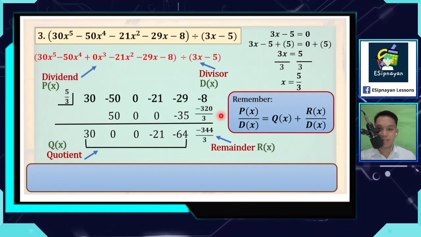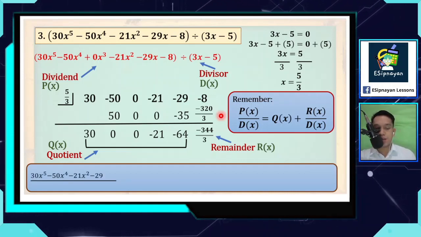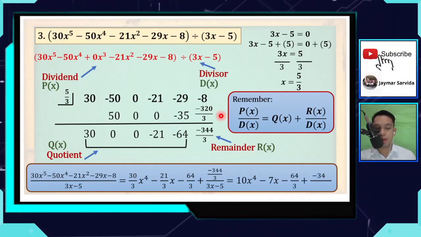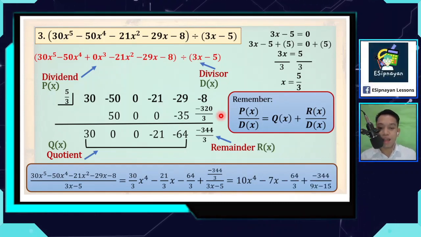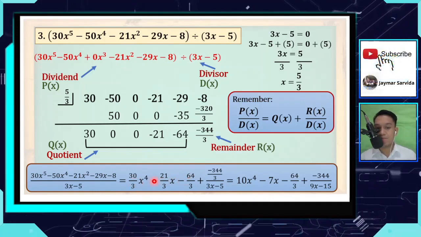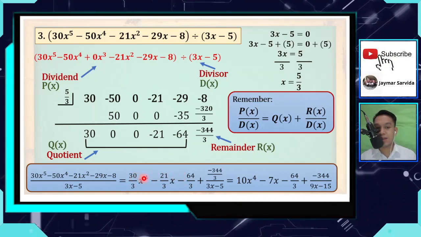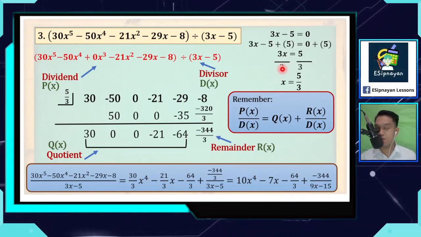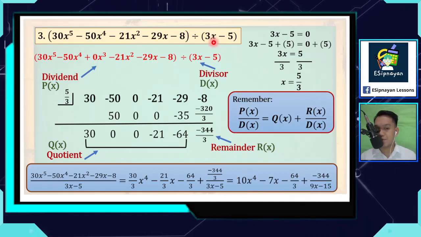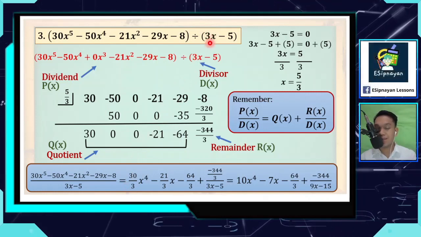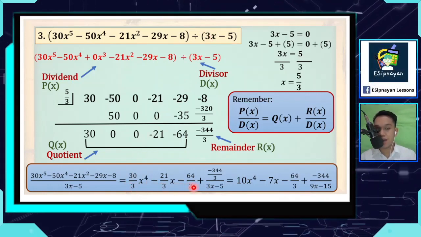So, our final answer is 30x raised to 5 minus 50x raised to 4 minus 21x squared minus 29x minus 8 all over 3x minus 5 equals, class, we will divide our quotient by 3. Why do we divide it by 3? It is because we divided both sides by 3 to get the value of x of our divisor. The coefficient of x in our divisor is not 1 but 3, so we divide our quotient by 3 since its coefficient is 3.